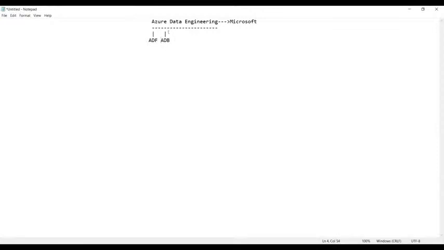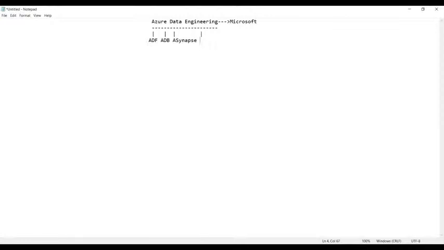Apart from this, we also have the service called Azure Synapse. I'll explain one after the other, don't worry. We have many more services; some of the highlighted ones I will tell you.